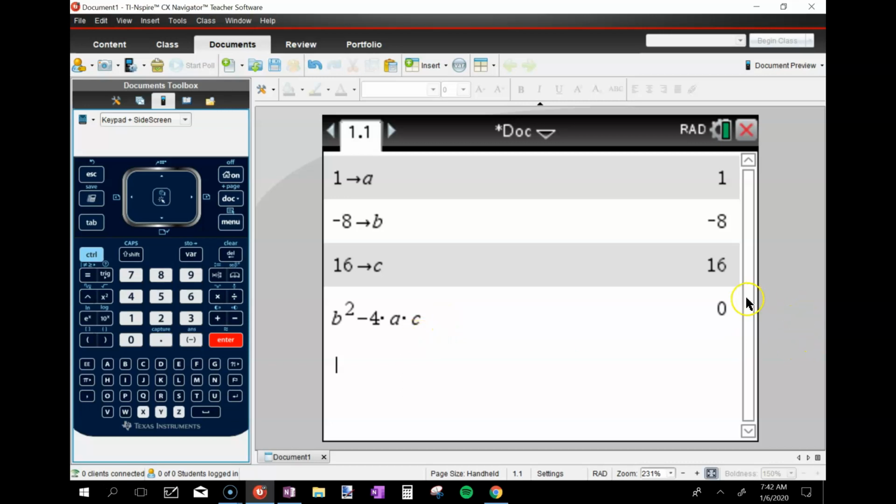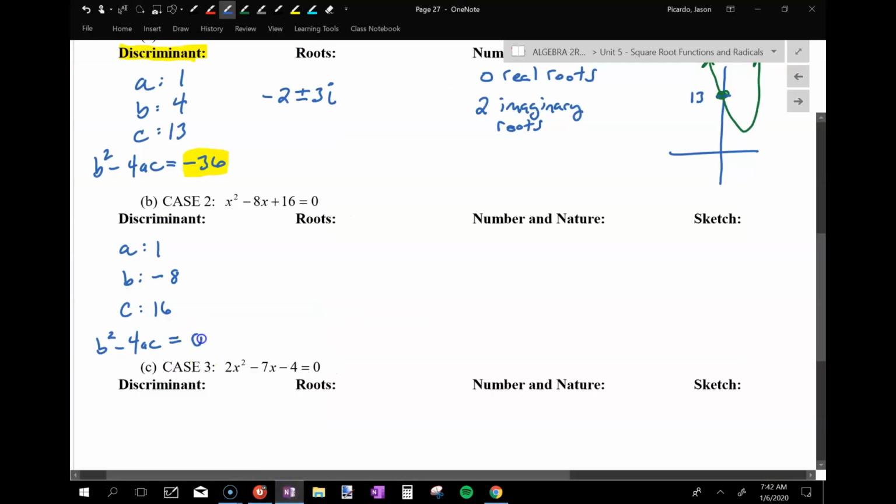B squared minus 4AC gives me 0. Okay. Well, I asked this earlier, is 0 allowed to go under the square root? Yes, okay. So are my roots going to be real or imaginary? Real, because you guys said it's okay, right?